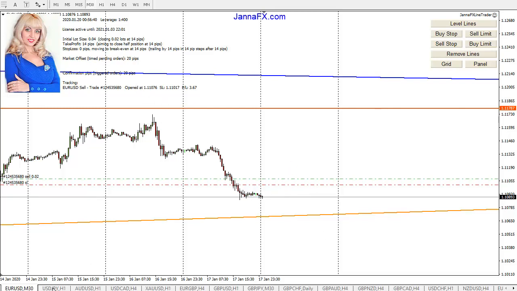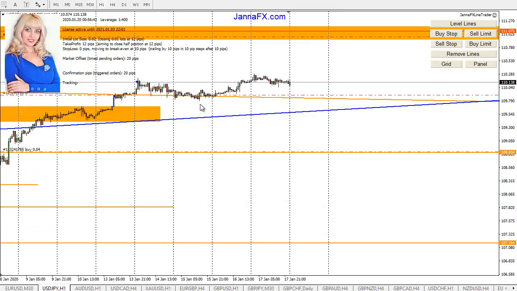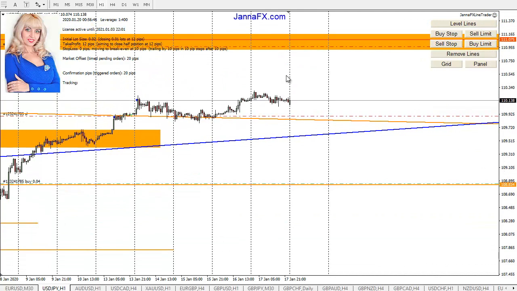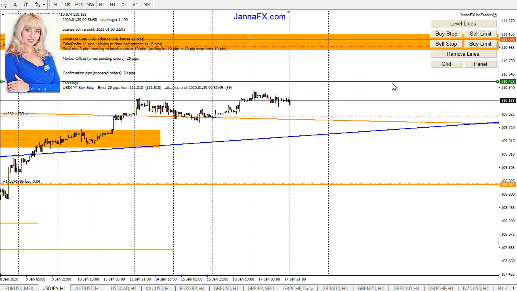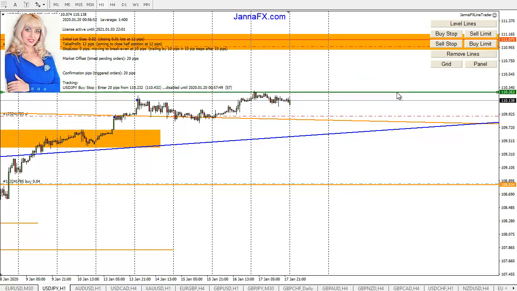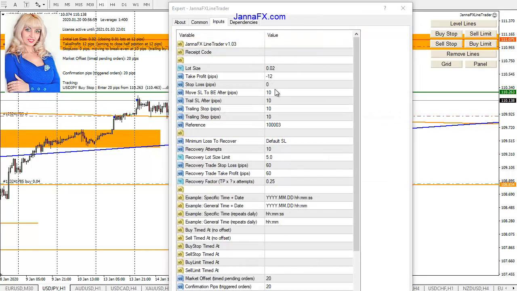Now dollar yen also has no gaps, and I'm just going to place the order anyway. So here's my buy stop, and I'm gonna place it just a little bit above with the previous setups I have already.